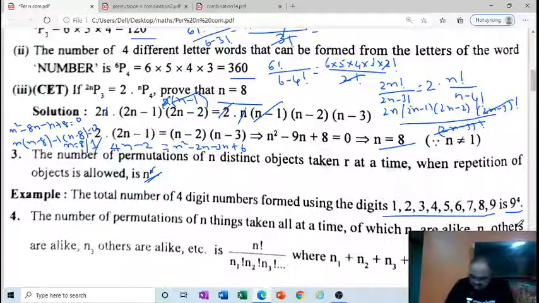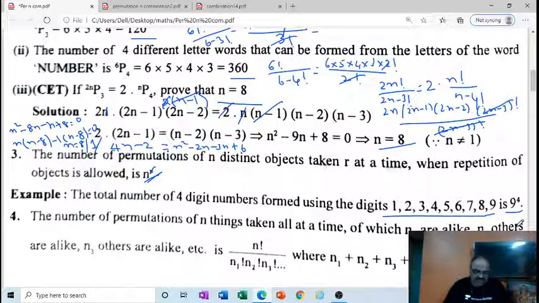You will get the total answer. 4-digit numbers are like 1, 2, 3, 4, 2, 3, 4, 5, like this, allowing the repetition to happen. See, 1 is repeated in it, 2 is repeated in there. With the repetitions, it is going to happen 9 to the power 4 times. That many numbers will be available. 9 to the power 4 is 81 into 81, or 9 square into 9 square.